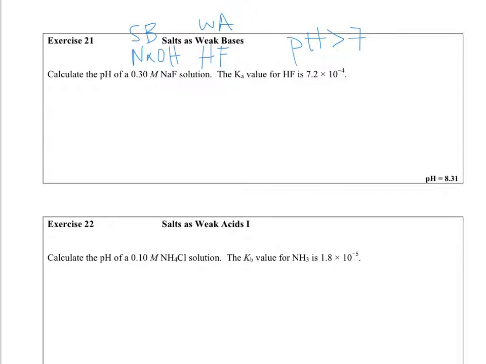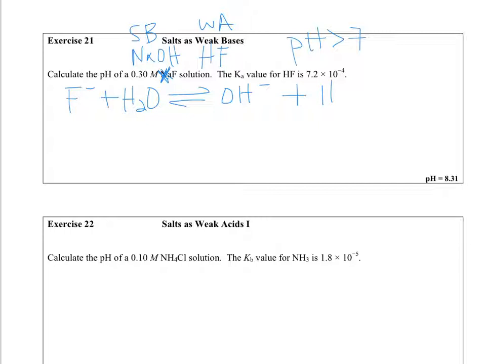Okay, so I know that I'm going to need a RICE table. I know I'm going to make OH minus because I know it's greater than 7 because I have a strong base. And I know I'm going to react with water. Now in NaF, the Na is from a strong base, so that's a spectator. So F minus is going to react with water to form OH.